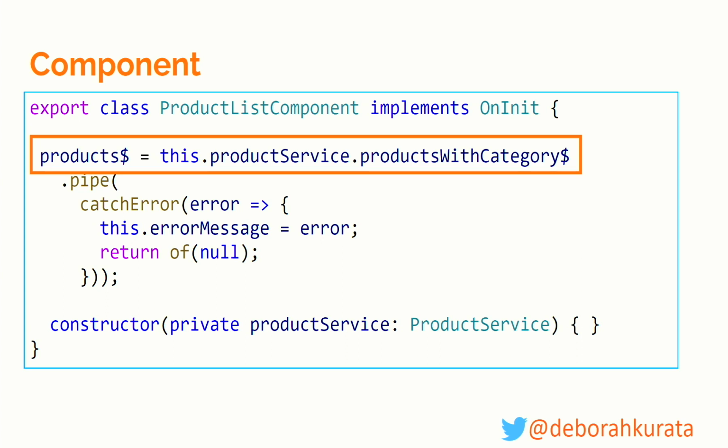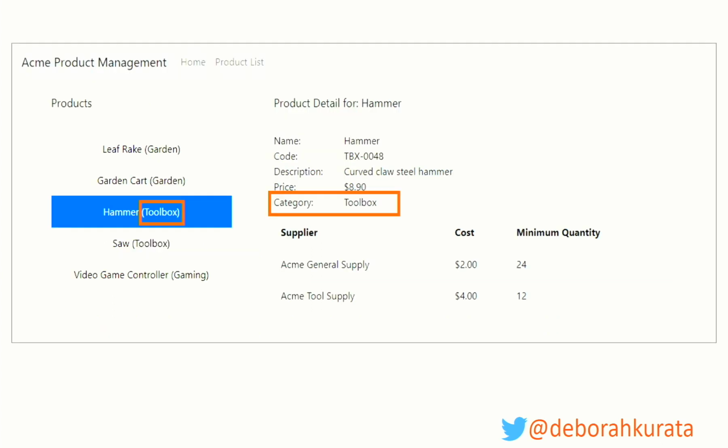All we have to do in our UI is change where it was displaying category ID to display the category name instead. So what we end up with is a much more user-friendly display. And we don't have a lot of procedural logic going on. This is all just done with our streams.